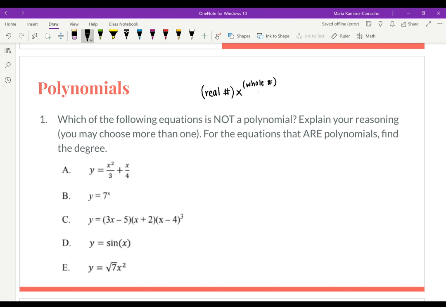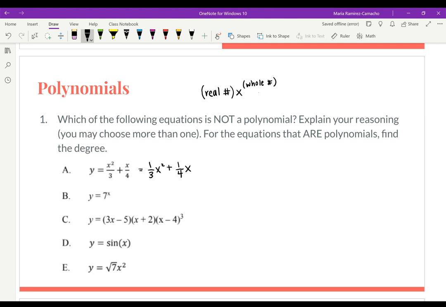So looking at part A, we've got y equals x squared over 3 plus x over 4. Now you may be thinking, well, is this following the format where we're multiplying some number to x raised to some power? And we are, because you could think of this as 1/3 times x squared plus 1/4 times x.